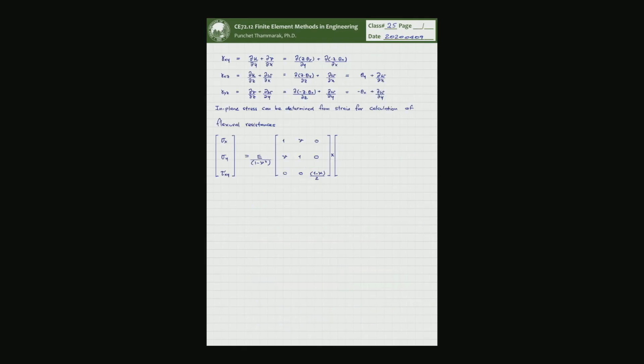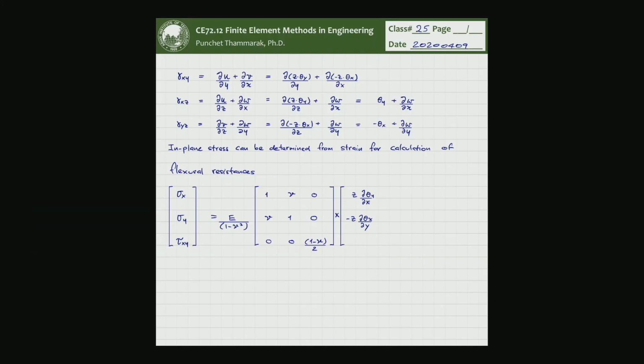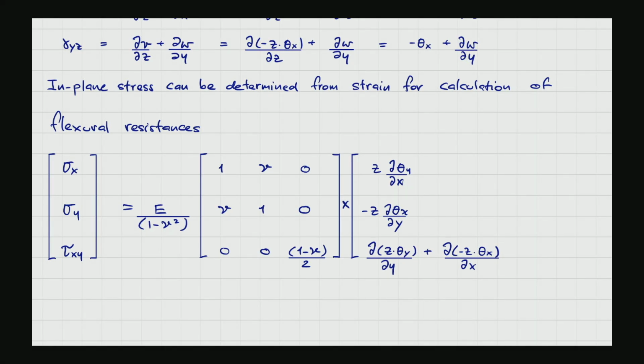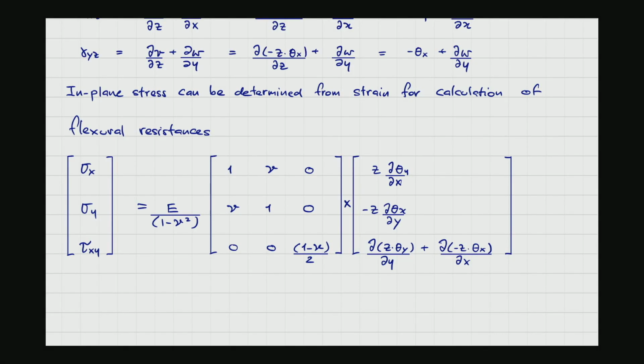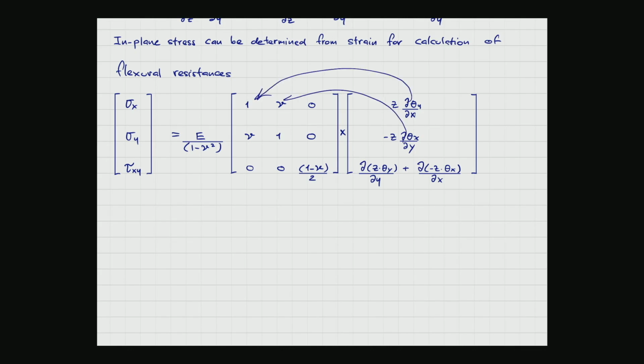Copy this, gamma xy, the whole thing, and then we expand, we just multiply, and we rewrite each of them in the following.